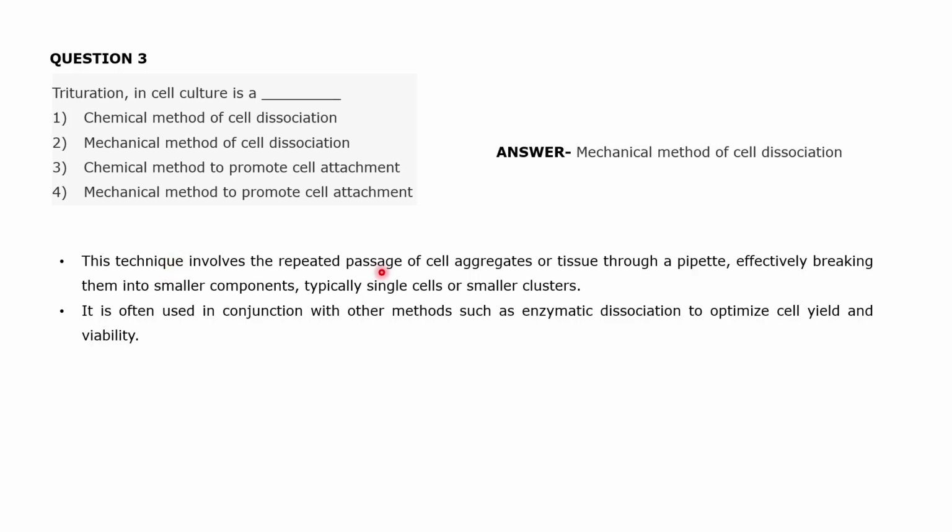Basically this technique includes repeated passaging of cell aggregates, because once the cells grow you need to grow them in large numbers, right? If you need a high number, or if you need to grow the cells for a long period of time, you need to do passaging.